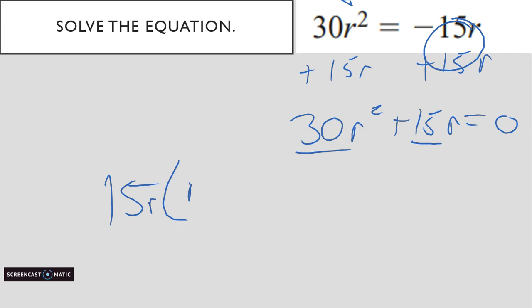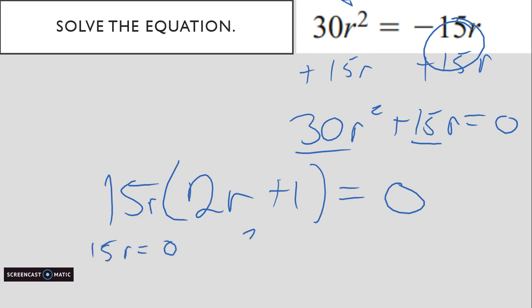15r times 2r is going to give us the 30r squared, and 15r times 1 is going to give us the 15r. So we got two equations: 15r equals 0, and 2r plus 1 equals 0. Subtract 1 on both sides, oops, both sides, not the same side.